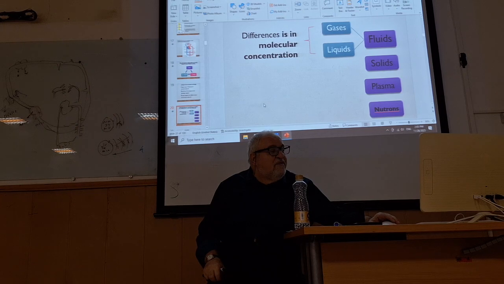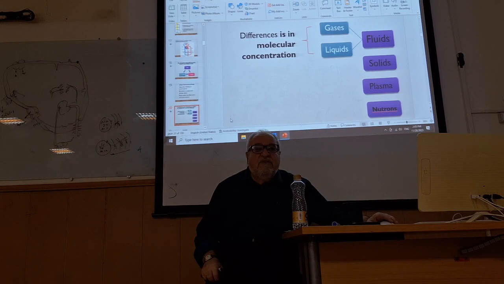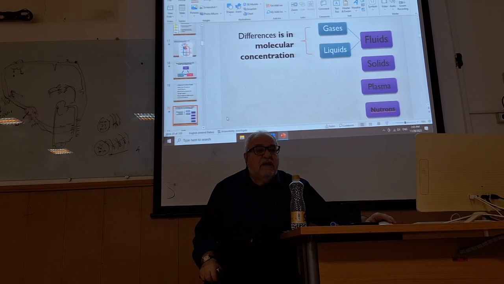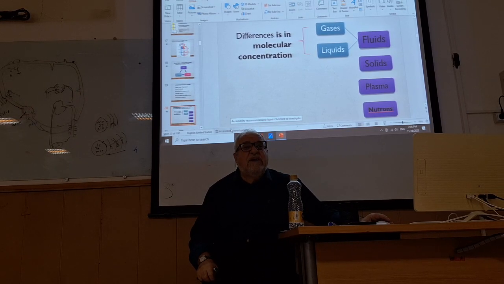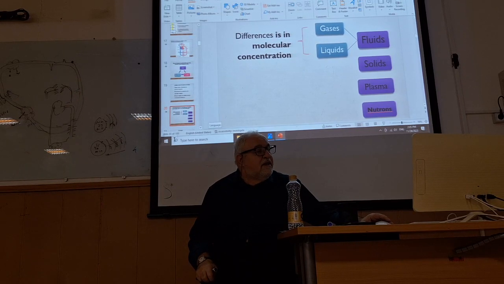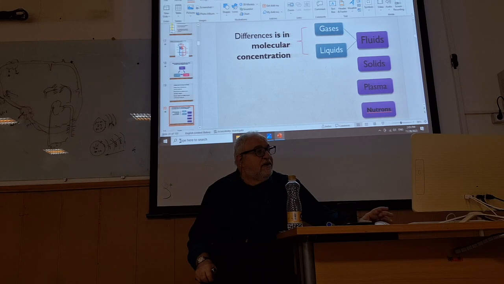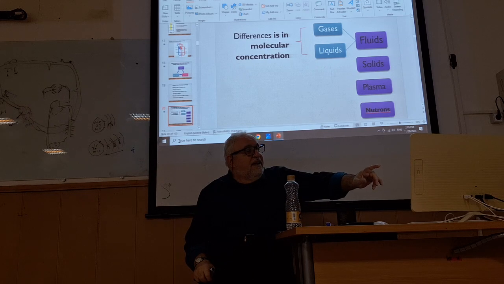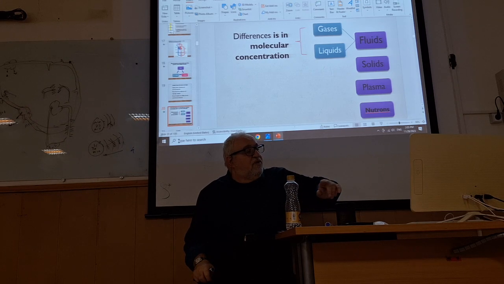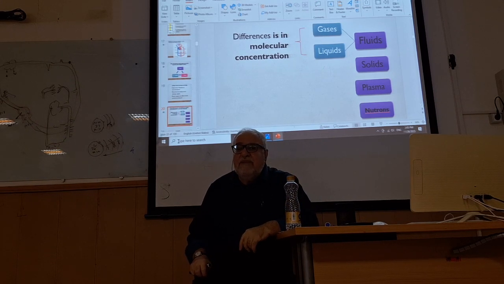We have two kinds of fluid. What are the kinds of fluid? Liquids and gases. What is the difference between these two, actually? The gas is less concentrated. Yes, it's written here. It means the molecular concentration.